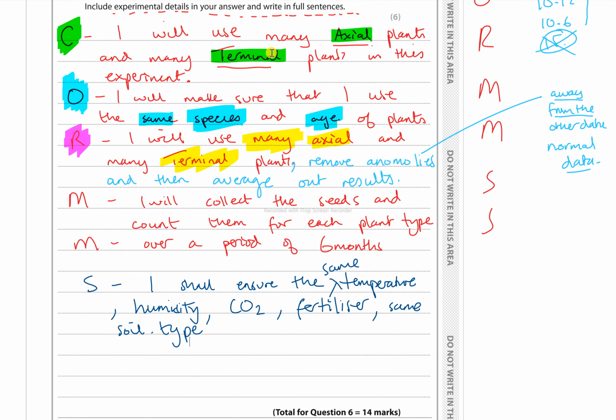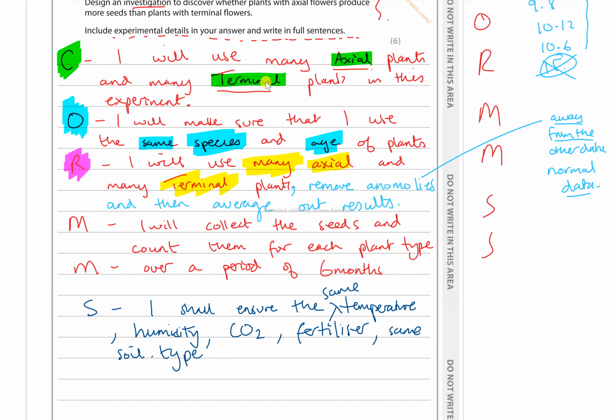So look, this is your CORMS structure. It's going to come up again and again and again, learn it. What's the organism you're dealing with, and how are you going to keep it steady?